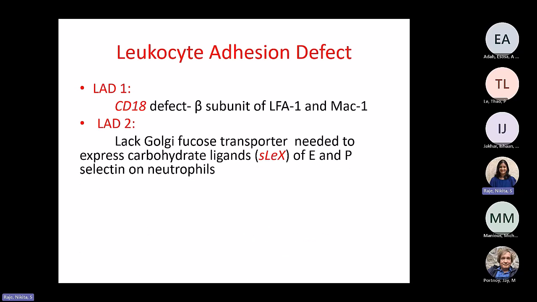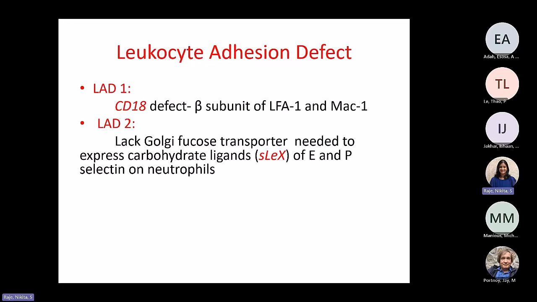So selectins bind to selectin ligands. Selectin ligands have these sialylated bodies, right? Sialyl Lewis X is one of the important ones. What happens with LAD type 2 is there is lack of Golgi fucose transporter.